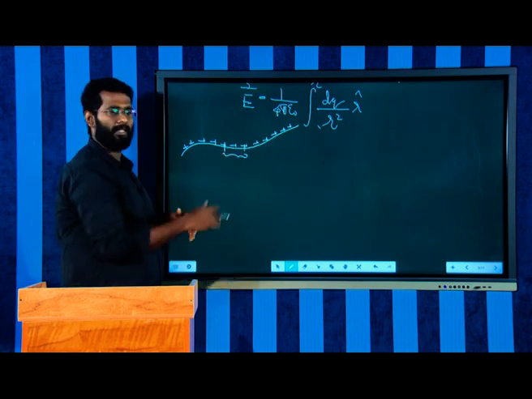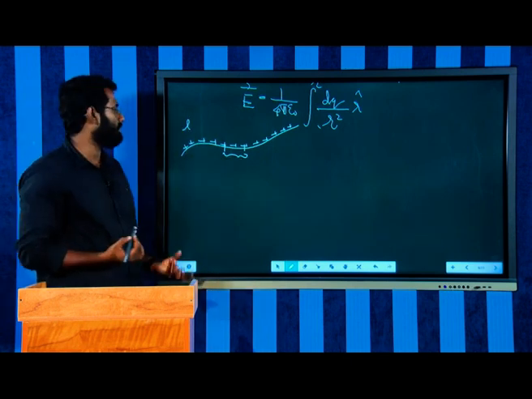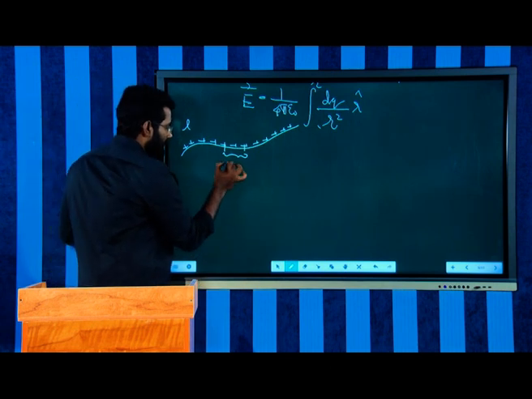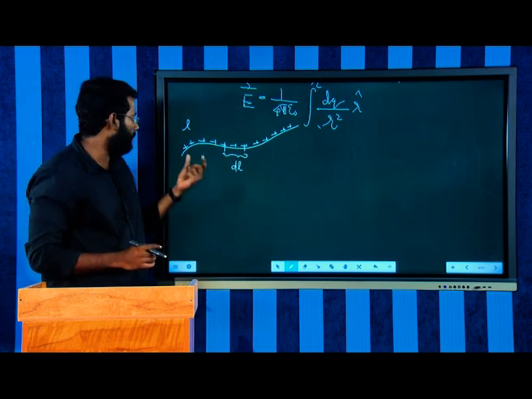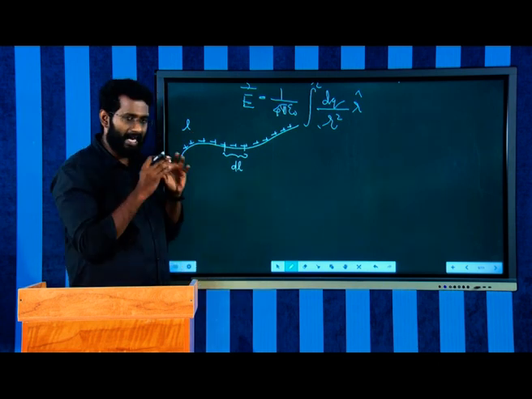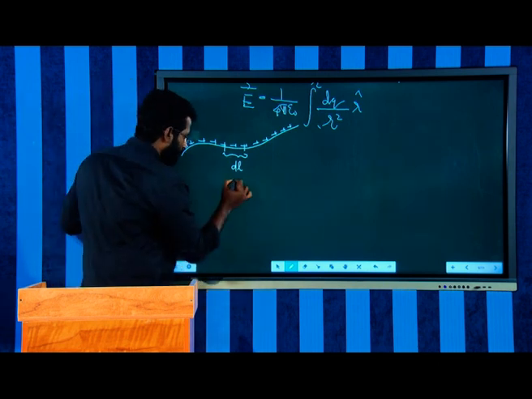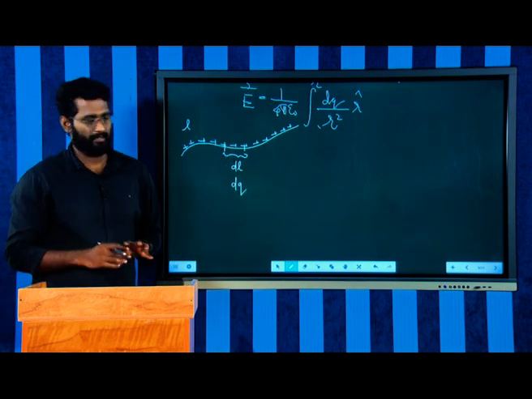The total length of the line be L, and I am considering a very small, infinitesimally small part that has a length dl. So, I am considering a dl element. Element means a very small part of that, and let that have a charge dq.